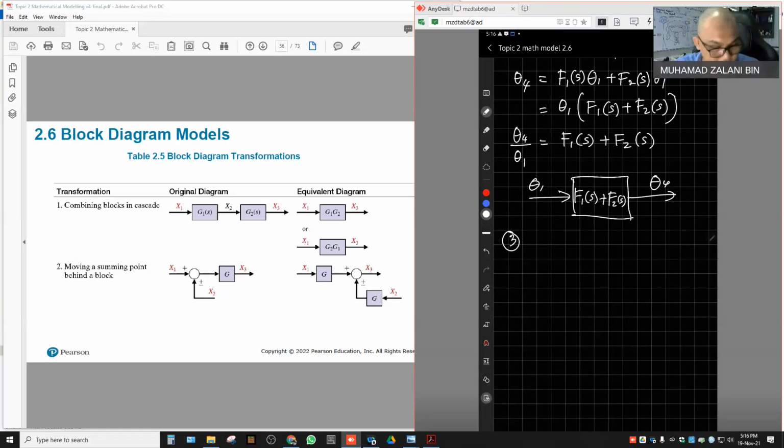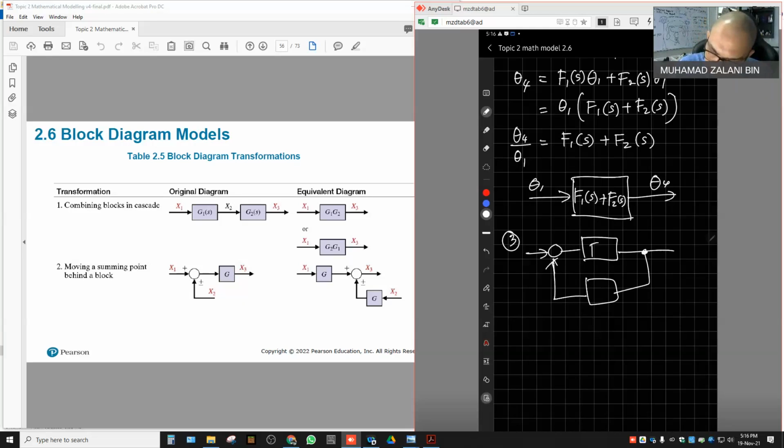Another example here. The previous example was the feed forward. Let's say if I have the block with feedback like this. Now the summing point is at the beginning.